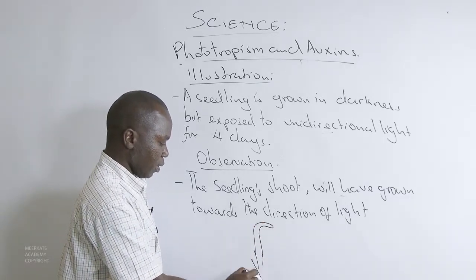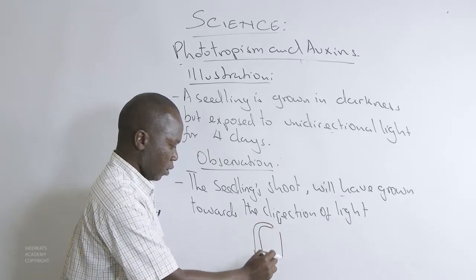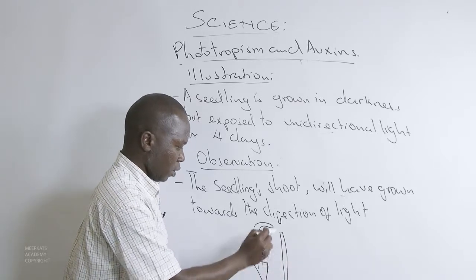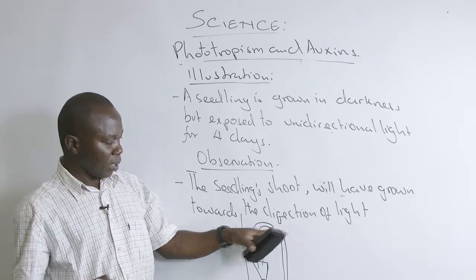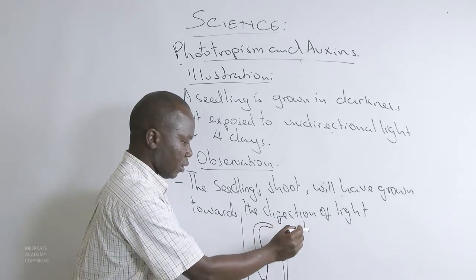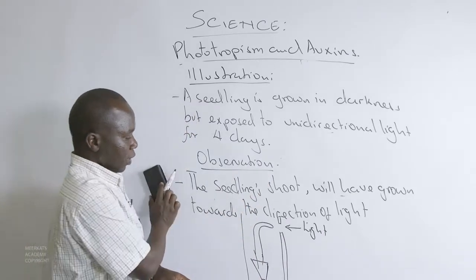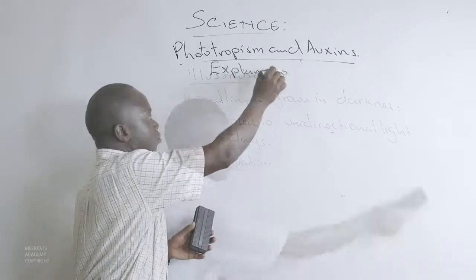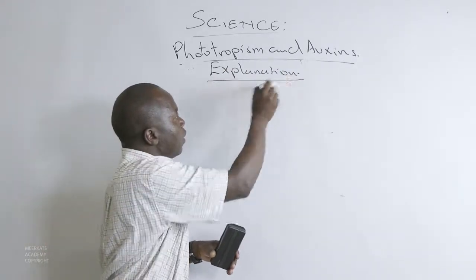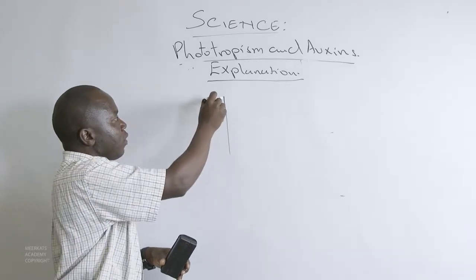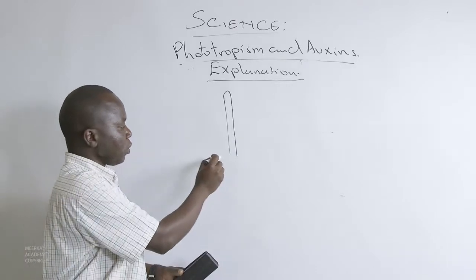So it is going to bend toward that direction. So the shoot bends toward that direction of light. So I want to explain this. So what's happening? What is causing that to happen? So for us to explain, we are going to use this diagram as the shoot.